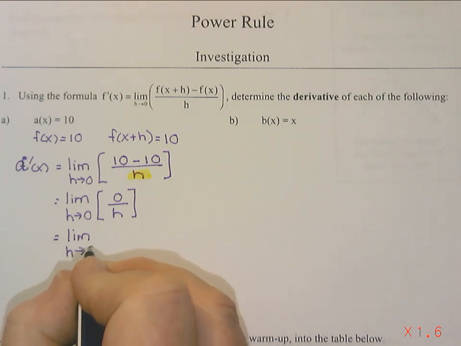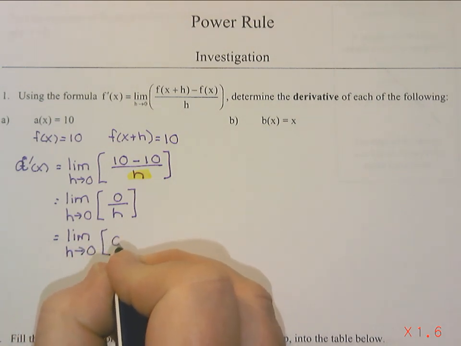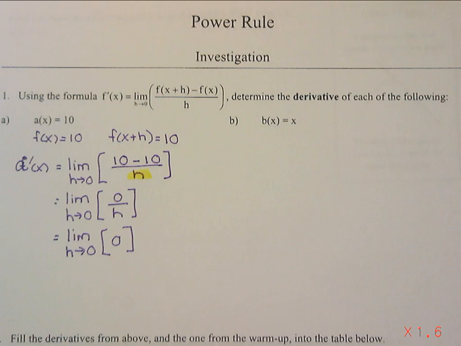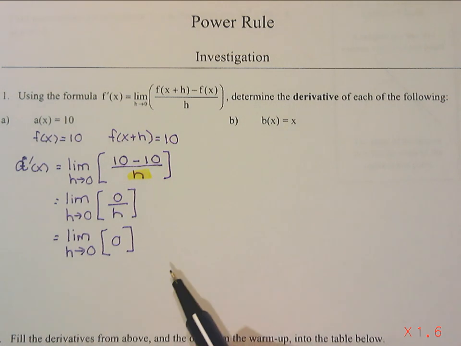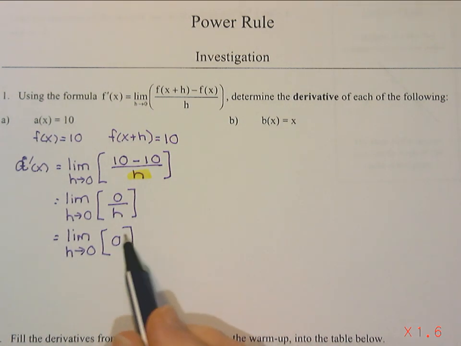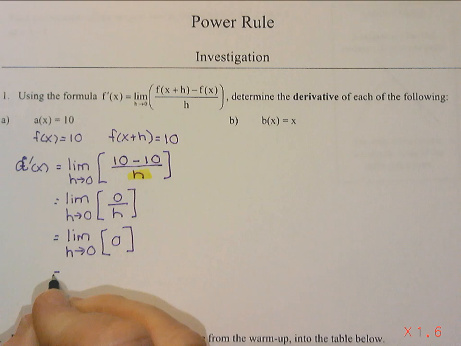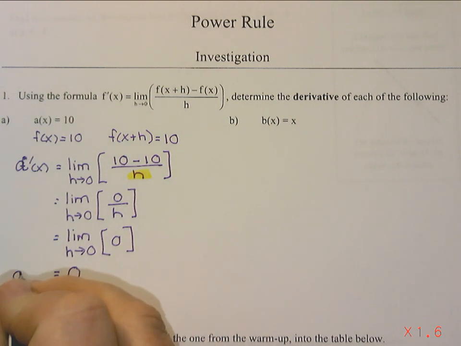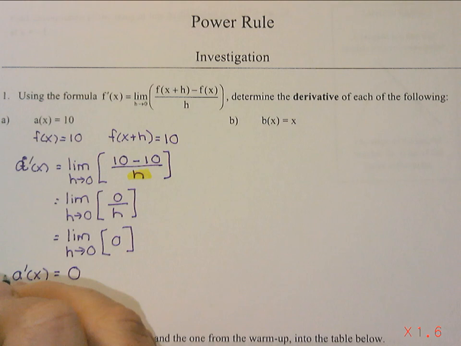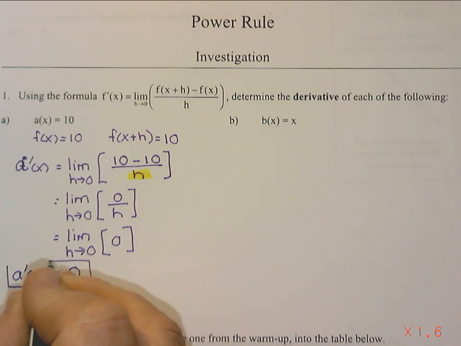So 0 divided by h is 0. You'll notice we don't have an h anymore because 0 divided by h just gave me 0. So as h approaches 0, I don't have an h left. This whole thing is just going to equal what's in my bracket, which is 0. So the derivative of a of x, a prime of x, just equals 0.